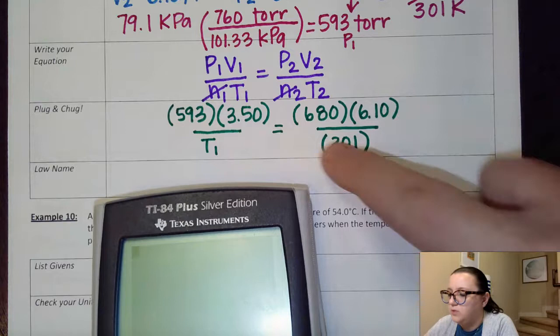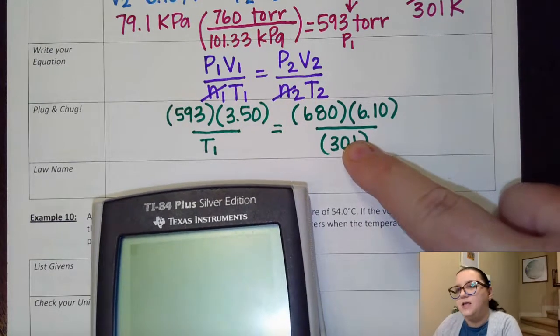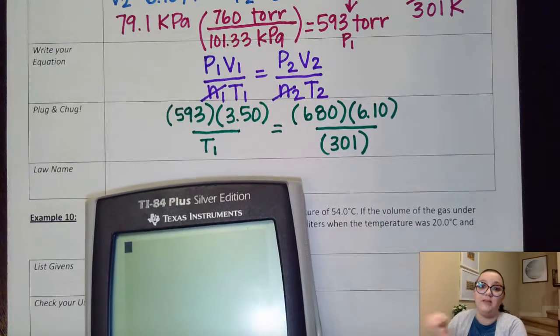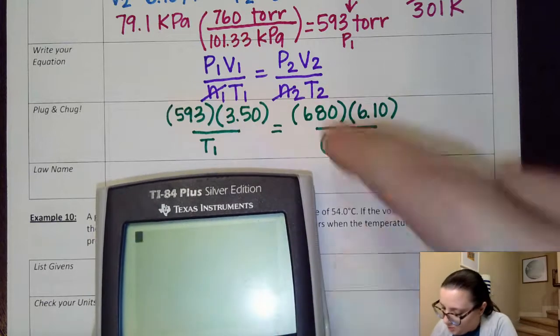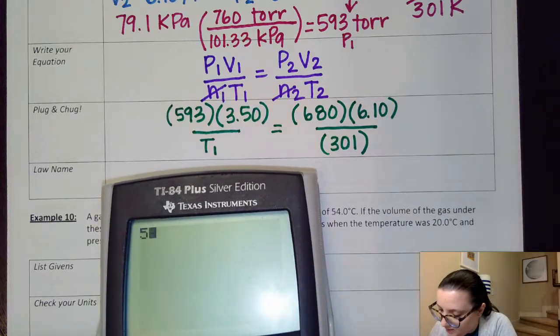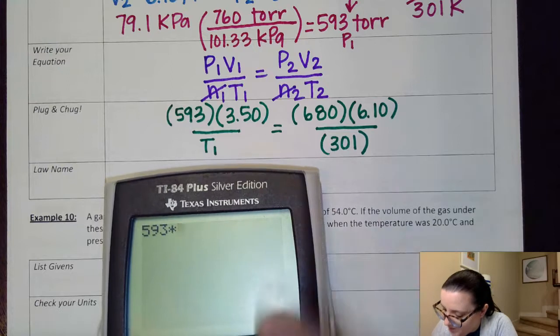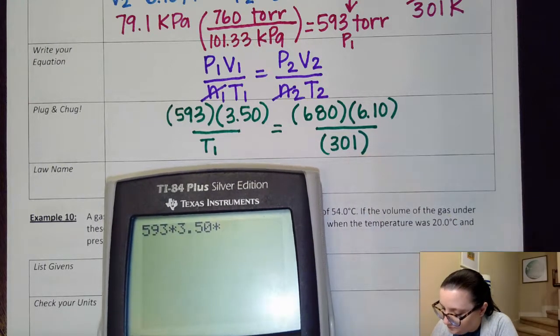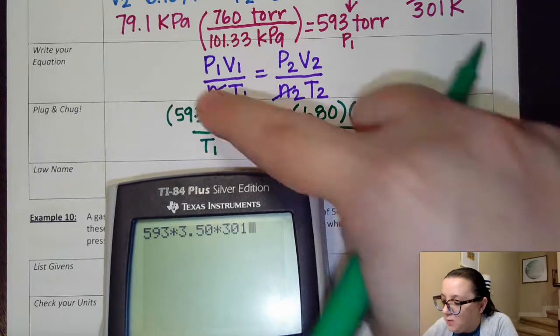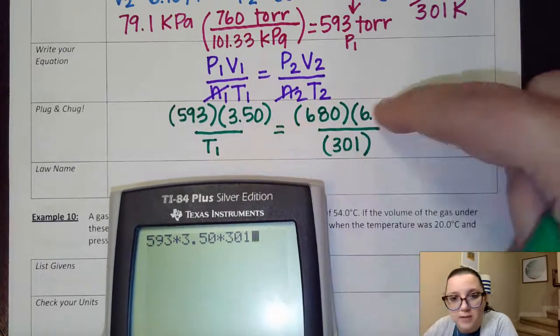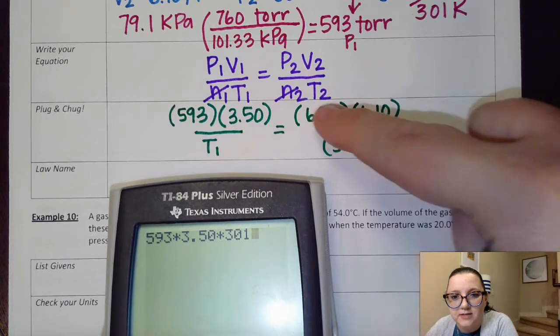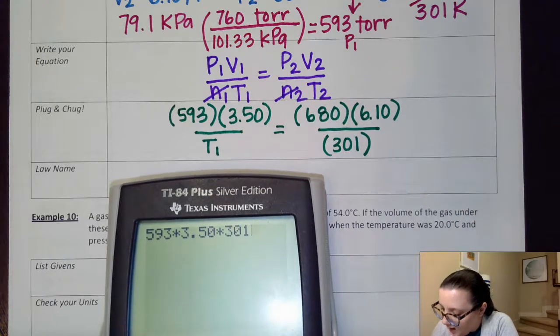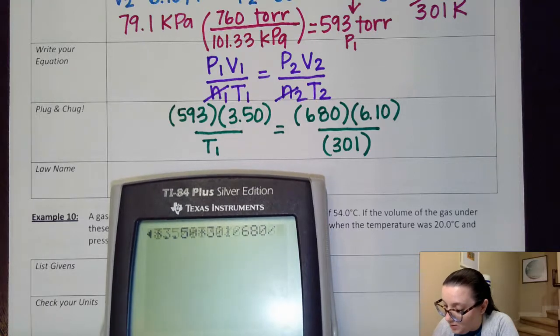So once I multiply these three, if that equals the other ones multiplied together, I can then divide those over. So I would multiply 593 times my 3.50 times my 301, and that would equal these multiplied together, but that means I would divide these two over. So I'm going to divide the 680, and I'm going to divide the 6.10.